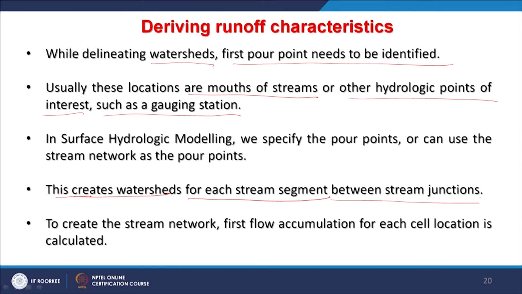And to create the stream network, first the flow accumulation for each cell location is calculated. So, this is virtually the fourth step. The first steps are identification of sinks, filling of sinks, flow direction, and now flow accumulation. Now, in the case of flow direction, how will it look in terms of digital values?